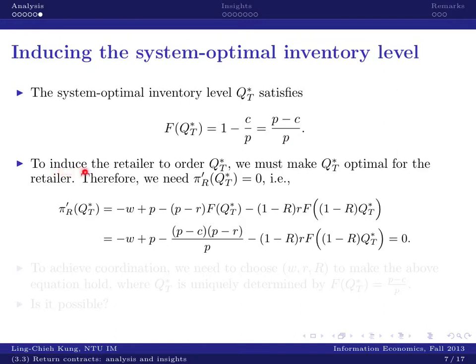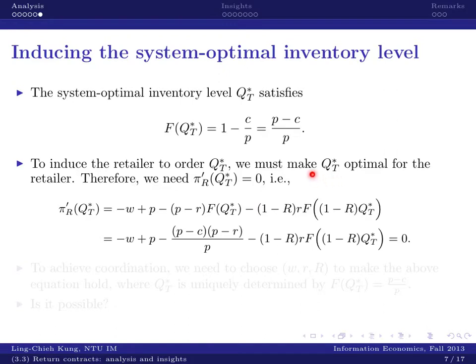If we want to induce the retailer to order this quantity, the system optimal quantity, we need to make QT star an optimal solution to the retailer's problem. That means if we plug QT star into the first order derivative, we must get 0. Otherwise, QT star will not make the retailer optimal, and the retailer will never choose QT star.